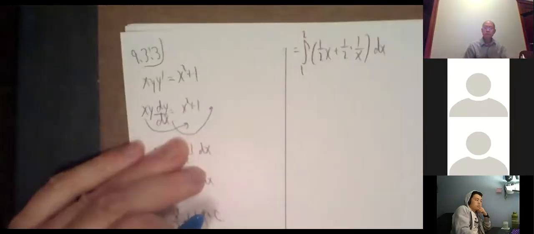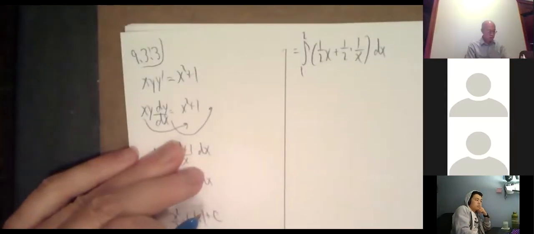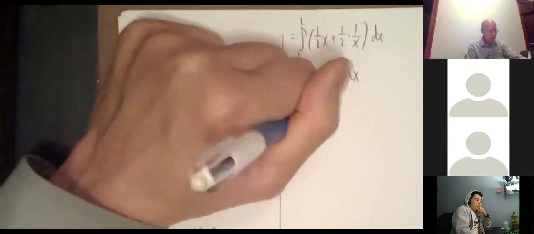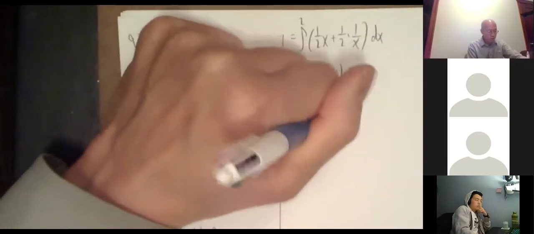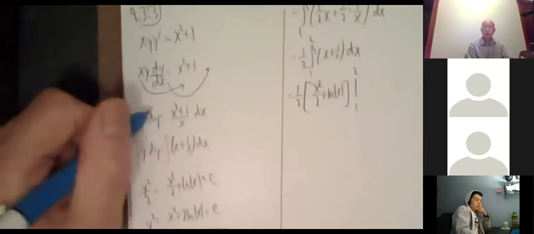So integral from 1 to 2 of 1/2 x plus 1/2 x to the negative 1. Okay, let me factor out the half. (x plus 1 over x) dx, which is 1/2 (x squared over 2 plus ln absolute value of x) from 1 to 2.